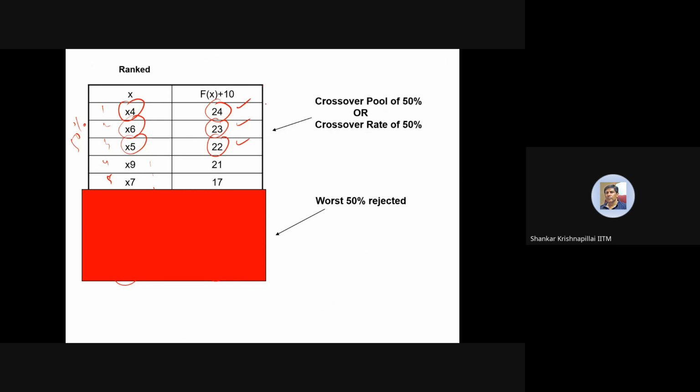This 50% is called the crossover pool, or crossover rate of 50%. This is the terminology used, crossover pool or crossover rate. Some algorithms will take 60% and reject the 40%, and some algorithms will take 40% of the parents and reject 60%.